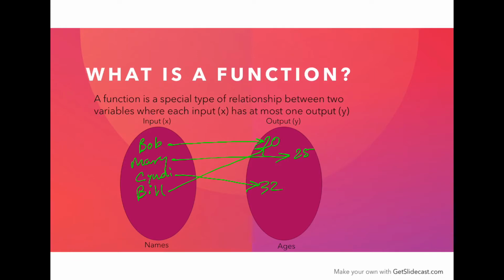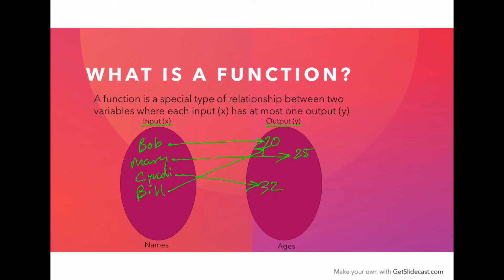So here are my inputs and here are my outputs. If you look at the relationship here, each input, each person, put into the function machine gives us a consistent output. And thinking in terms of reality, that's one thing that's nice about functions, is that they work within real things.